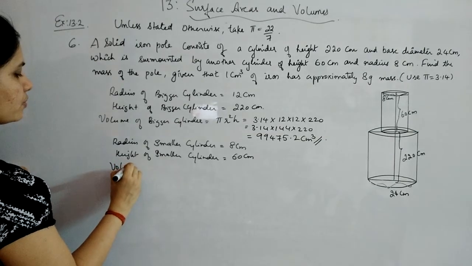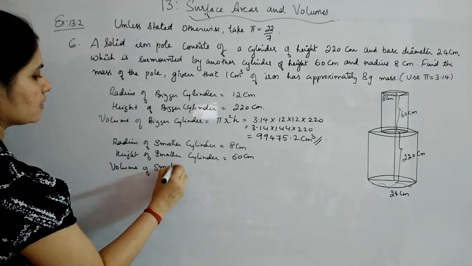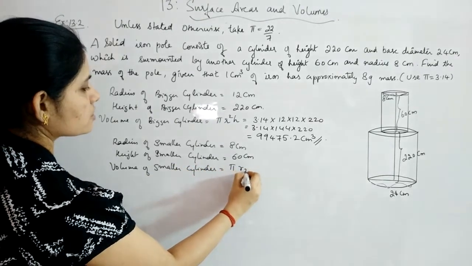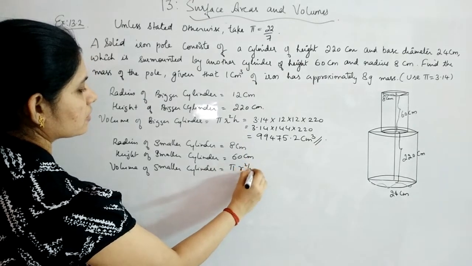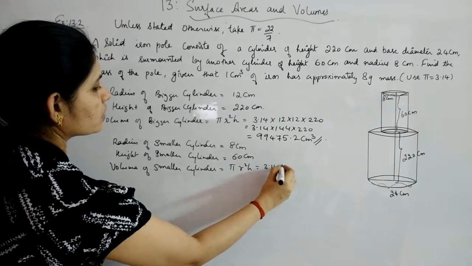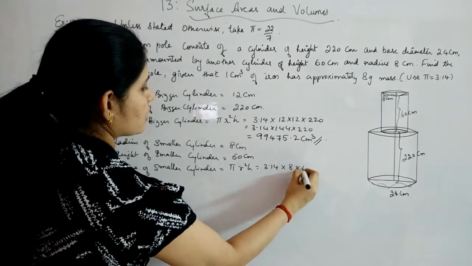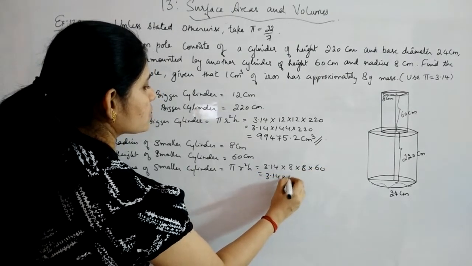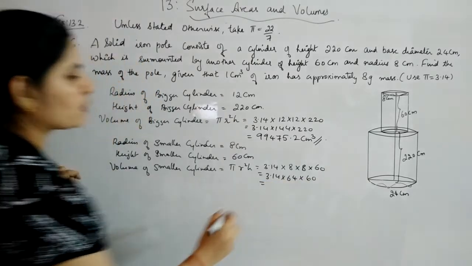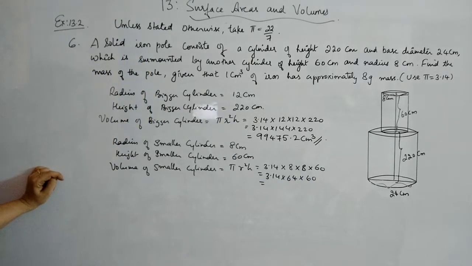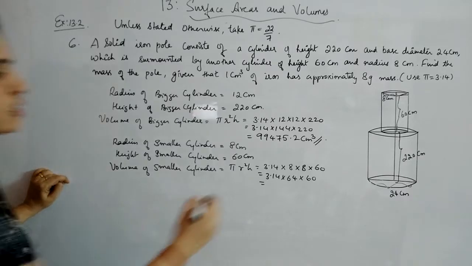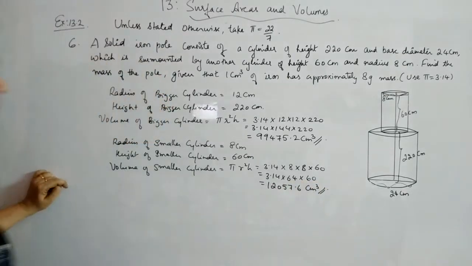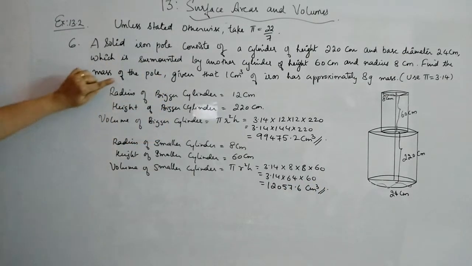So you will have volume of the smaller cylinder is equal to, again you have pi r square h, which is equal to 3.14 into 8 into 8 into 60. 3.14 into 64 into 60. Calculate the value. You will get it to be 12057.6 centimeter cube.